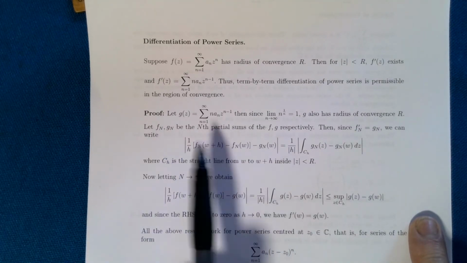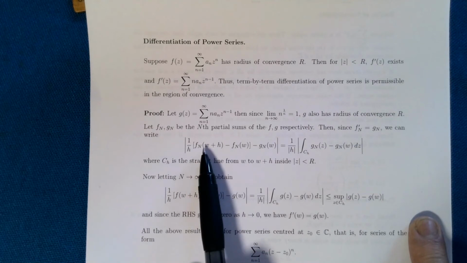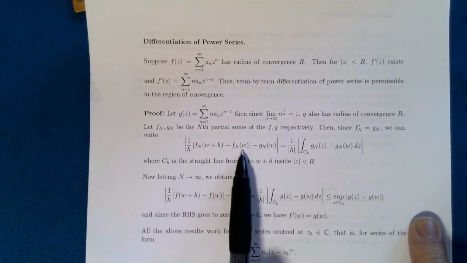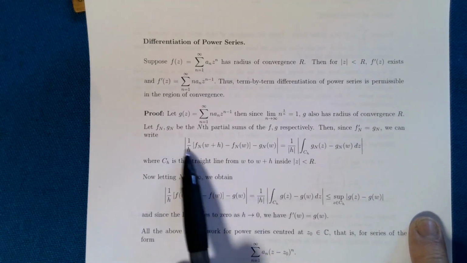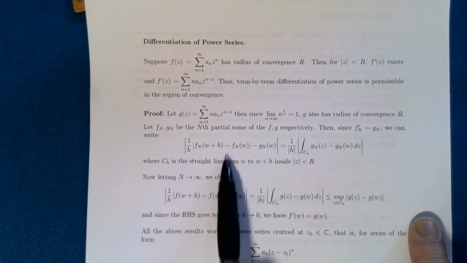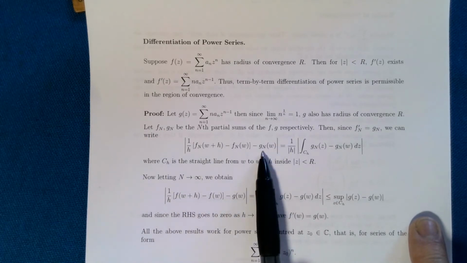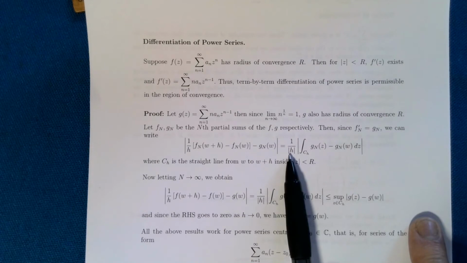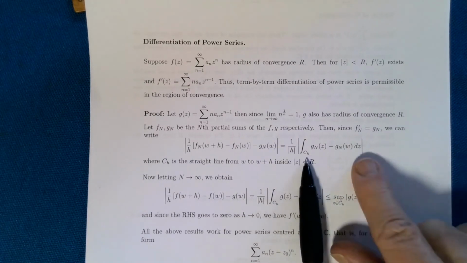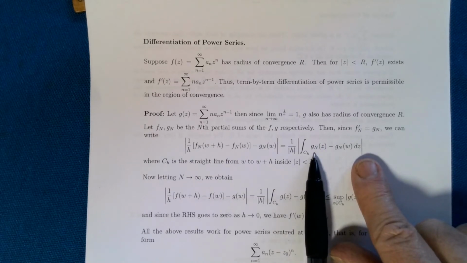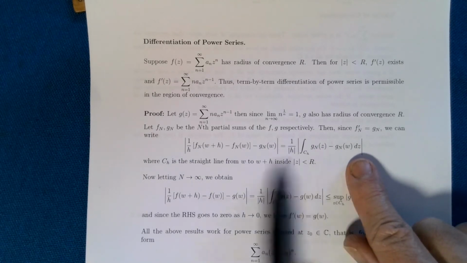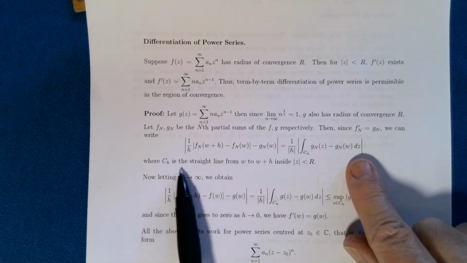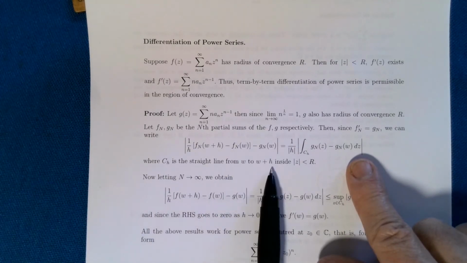We can take f sub N of w plus h minus f sub N of w, and then divide by h. So we're looking at the derivative quotient minus this g sub N. And we can rewrite this then as 1 over the modulus of h, times the integral of g sub N of z minus g sub N of w, where c sub h is a straight line from w to w plus h.